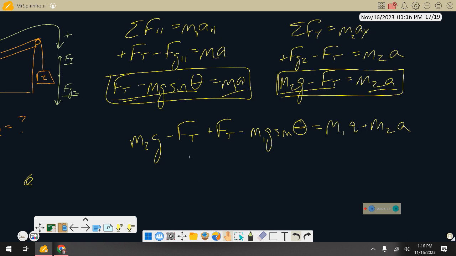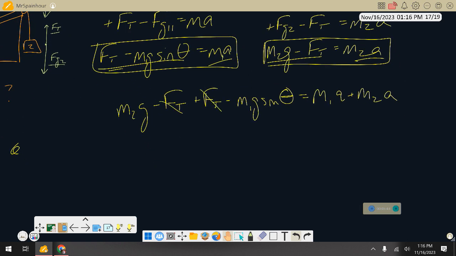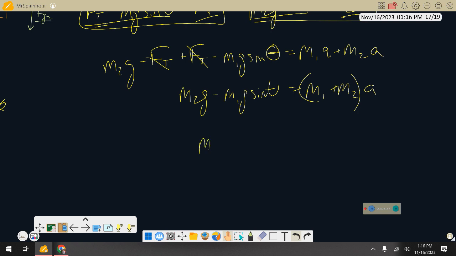Let's go ahead and cancel, and factor out a over here. Then divide underneath, and you get m2g minus m1g sine theta over m1 plus m2 equals a.